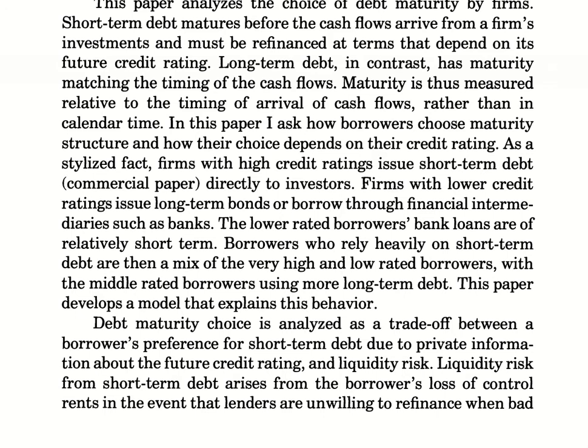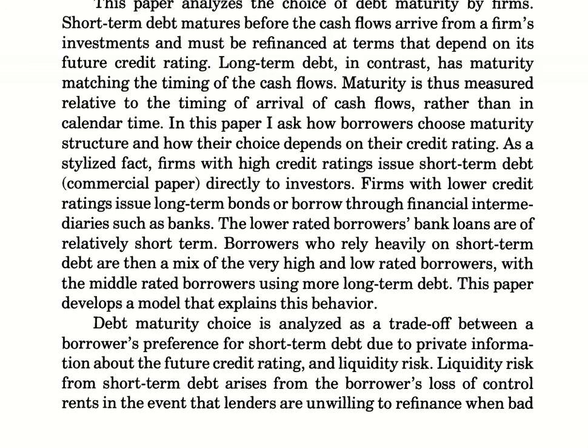In this paper, I ask how borrowers choose maturity structure and how their choice depends on their credit rating. As a stylized fact, firms with higher credit ratings issue short-term debt directly to investors. Firms with lower credit rating issue long-term bonds or borrow through financial intermediaries such as banks.